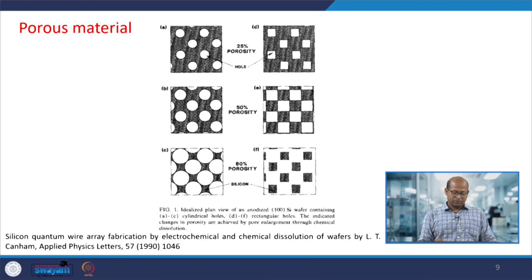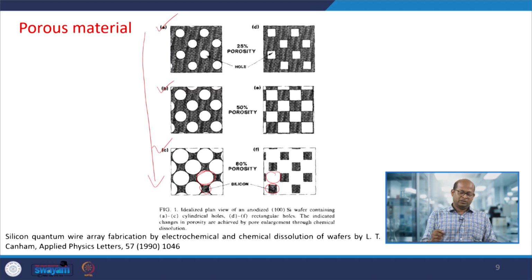Here black means silicon, and the pores, you can see rectangular pores here, and cylindrical holes as pores here, and from here A, B and C, three different types of cylindrical pores.